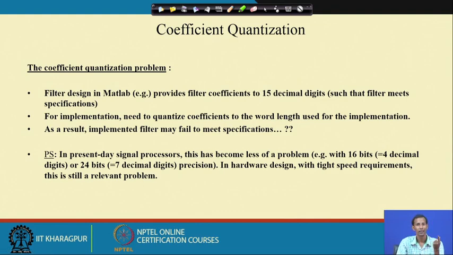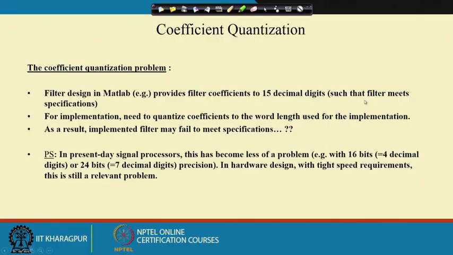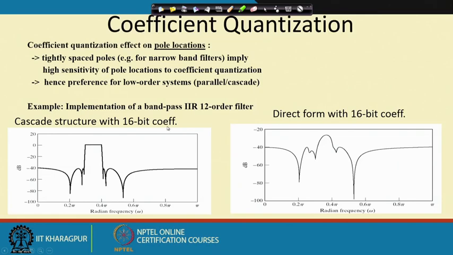We have taken the example of an FIR filter, where we need multiple constant multipliers with a multiplier bit length of 60 bits to meet the specification. 60 bits requires a lot of hardware, right? So, to reduce that, we will see what the optimum word length is.